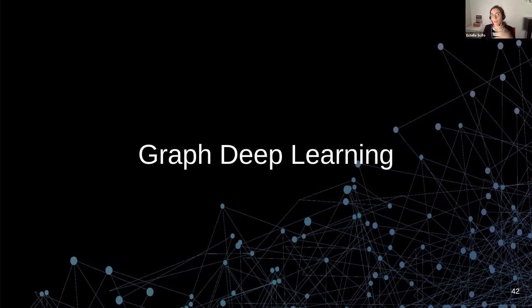Last thing I want to talk about, very quickly, is some words about graph deep learning. Now we are still in the phase where we are manually building features. And we know that deep learning, especially thanks to embedding, allows us to learn the features from our data.